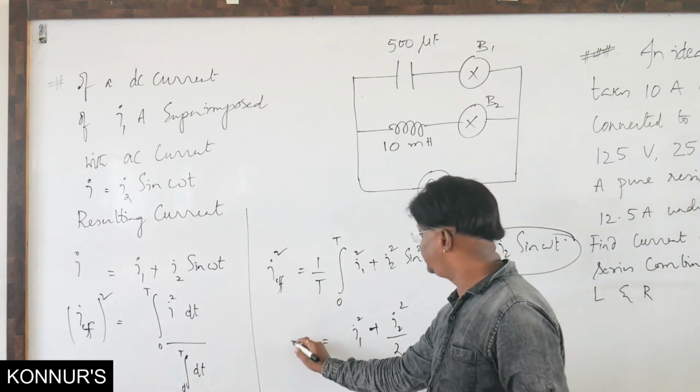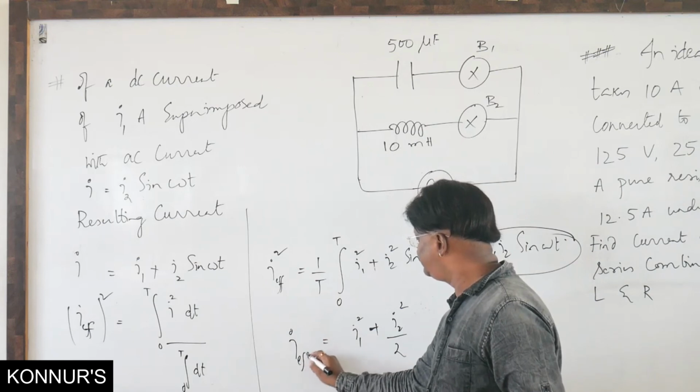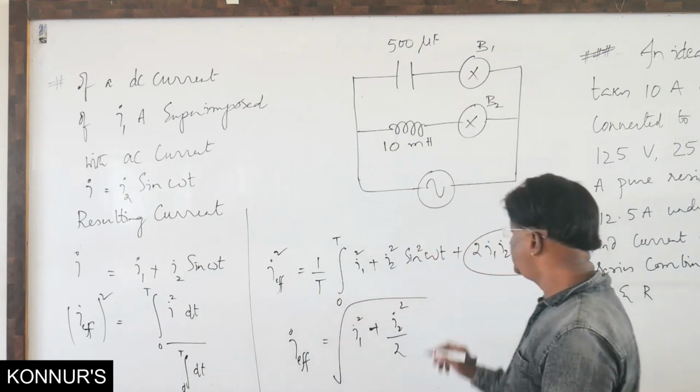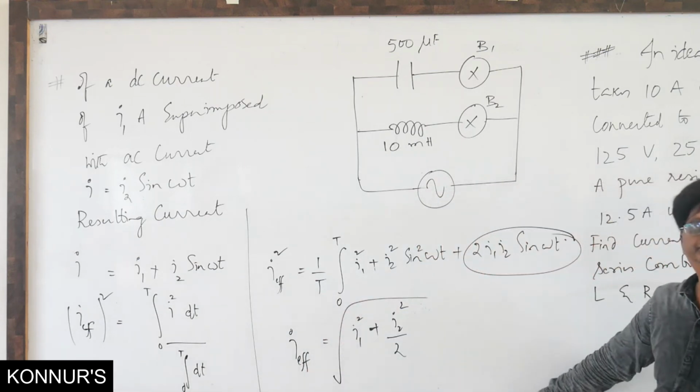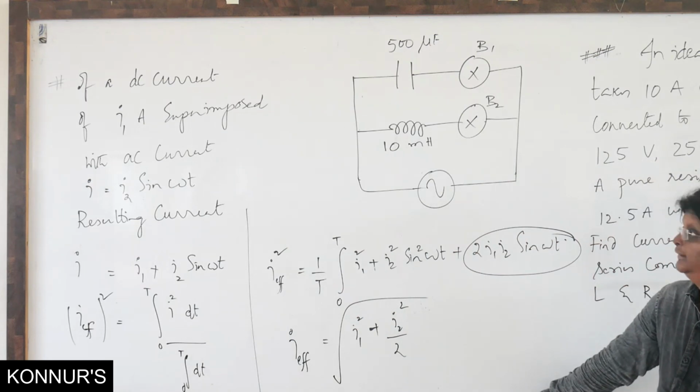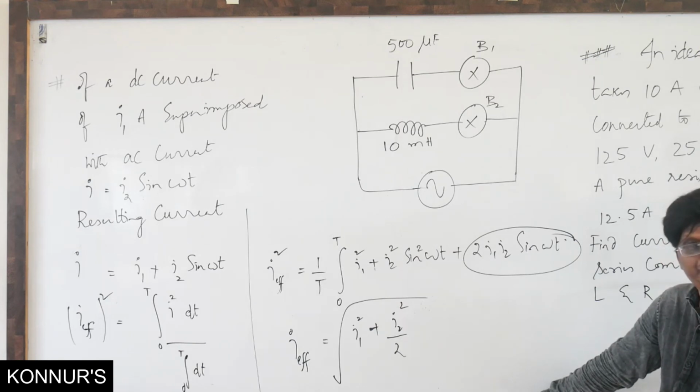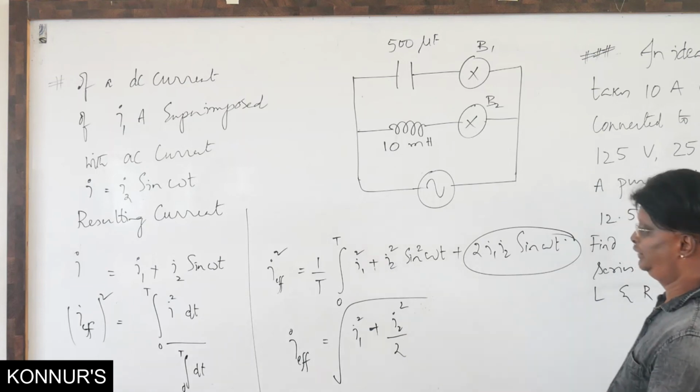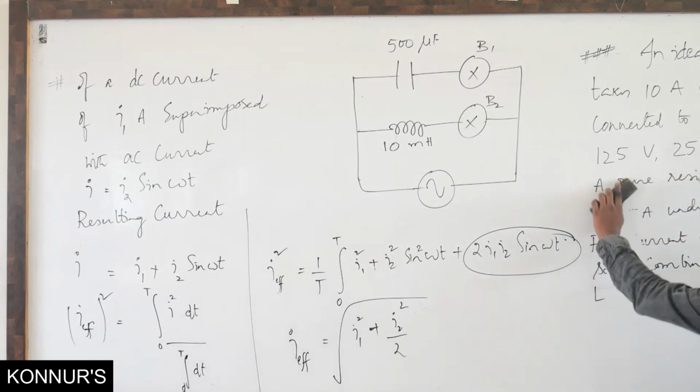So I effective will be under root of I1 squared plus I2 squared by 2. That will be the case of superposition of AC and DC, and this value, as we told, effective means always the virtual value, the RMS value taken over the complete cycle.